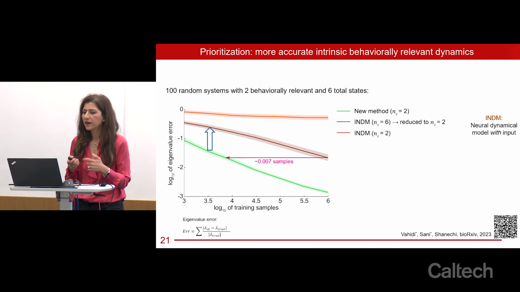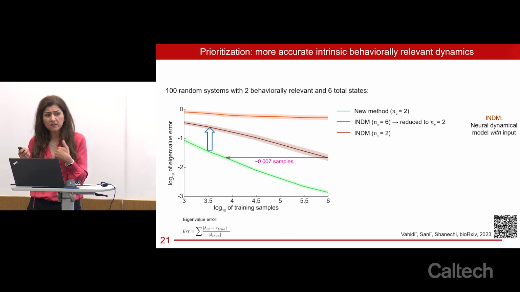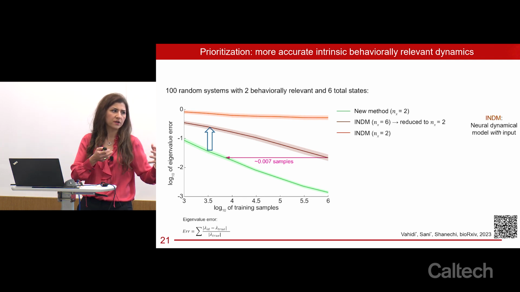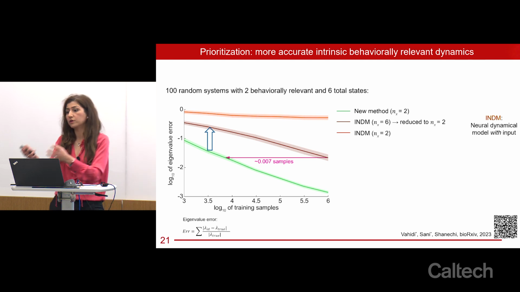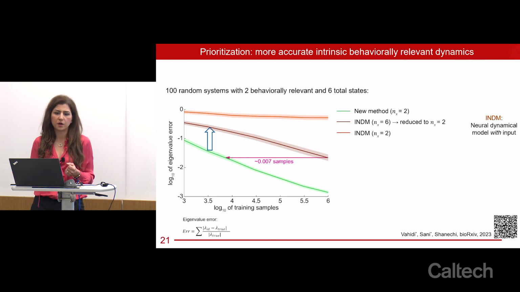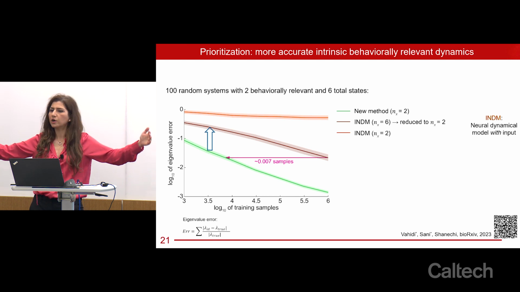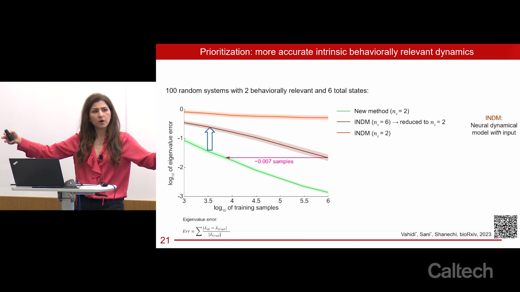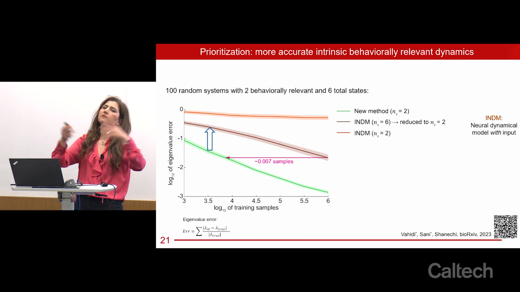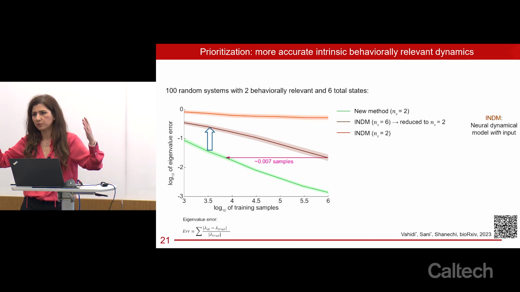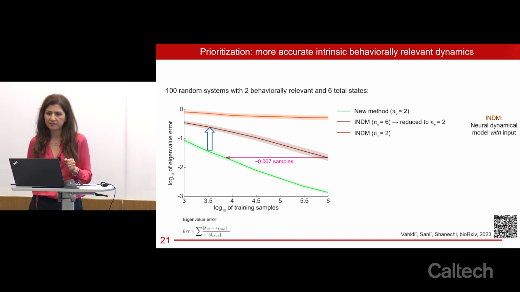The issue is that this unsupervised method, even though it takes into account input, has no way of dissociating or prioritizing one subtype of neural dynamics over the other, in this case, the behaviorally relevant subtype. So in order to find those behaviorally relevant ones, it needs to fit a much higher dimensional latent state model to find those behaviorally relevant ones somewhere in its state. And because of that, it needs to fit a much more complex model that would be learned less accurately for a given number of training samples. And that's the beauty of prioritizing those subtypes that you're interested in.